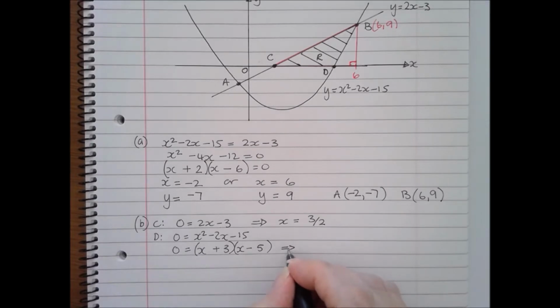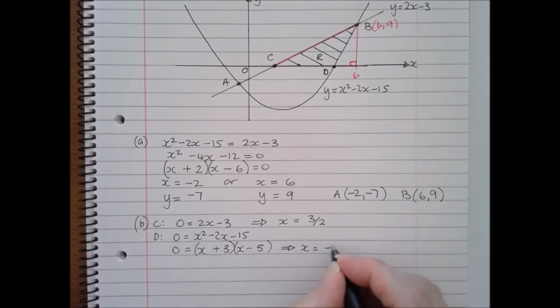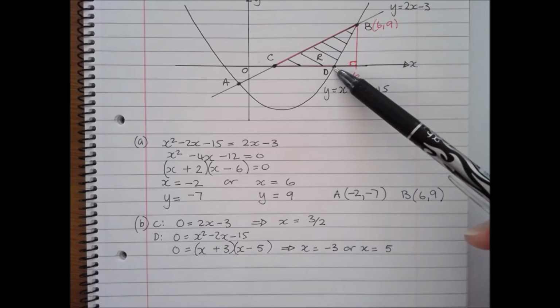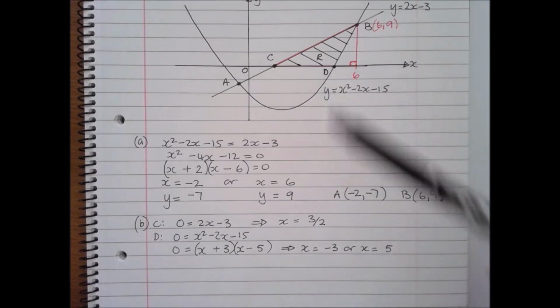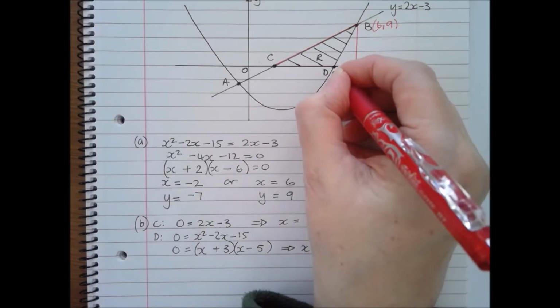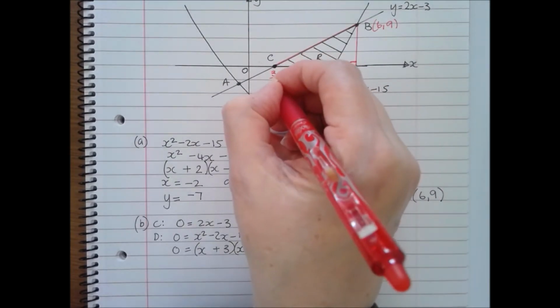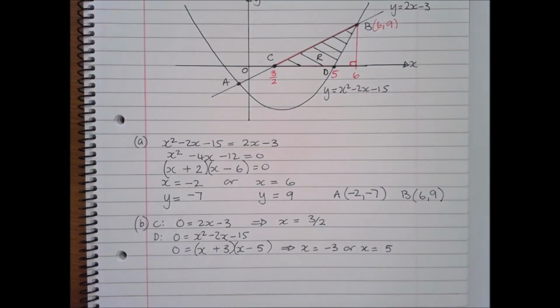So this implies that x is equal to minus 3, or x is equal to 5. Well, obviously we want the positive intercept, so at D x is going to be 5. So if I just write these on the graph, D is 5 and C down here is 1.5, or 3 over 2. And then once we've got that far, we're all set to go.